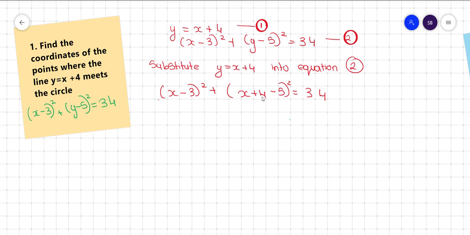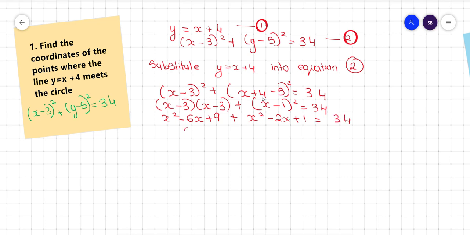Let me write it twice, I need to expand this: (x minus 3) squared plus (x minus 1) whole squared is equal to 34. This is x squared minus 6x plus 9 once we expand it, plus x squared minus 2x plus 1 is equal to 34.